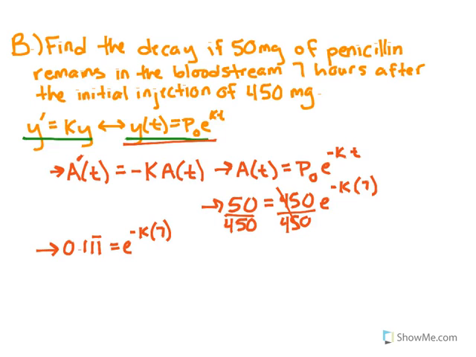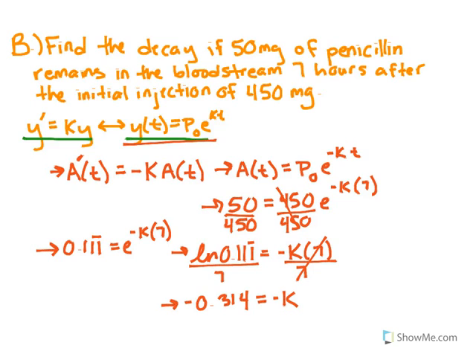To cancel out an e, we need a natural logarithm. We're going to do the natural log of both sides. The ln and the e will cancel, so all I'm going to have is negative k times 7. And then the last thing we need to do is divide both sides by 7 to yield our final answer. We're going to have to negate it, but the 7s will cancel.